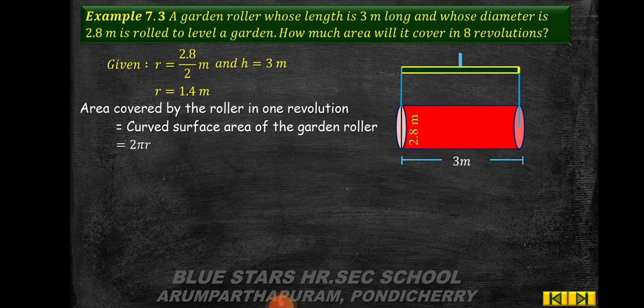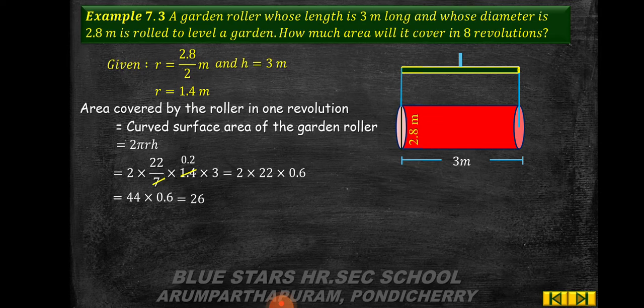The garden roller is in the shape of a cylinder, so it is equal to 2 pi r h, which is equal to 2 into pi value is 22 by 7 into r is 1.4 into 3. So cancelling 7 and 1.4, you get 0.2, which is equal to 2 into 22 into 0.6, which is equal to 44 into 0.6.